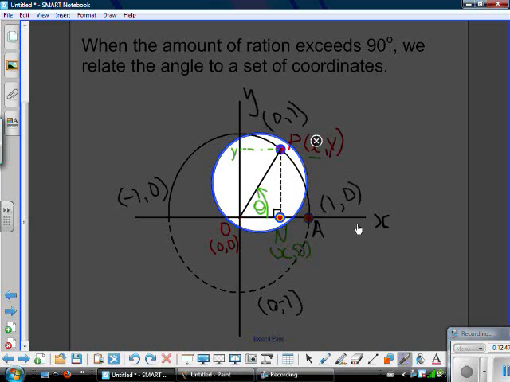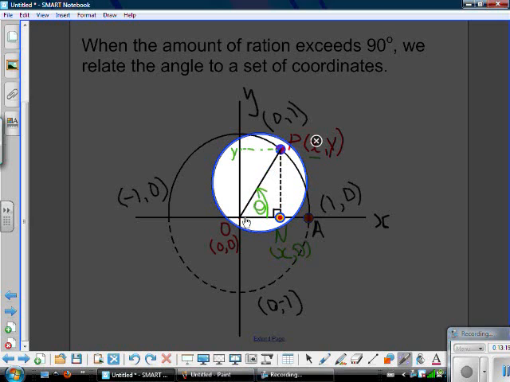There's a whole bunch of other things going around because of the circle. So with this, I know I have a right angle triangle. Because I have a unit circle, I know the length of one of these sides. The side OP is a radius, because it starts at the center and touches a point on the circle.